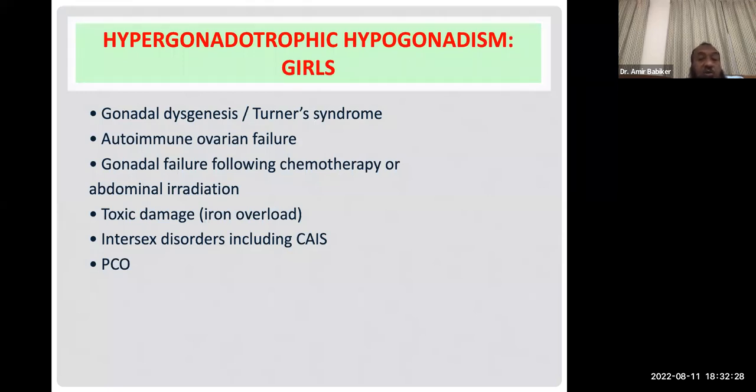Or a patient with polycystic ovary syndrome. All of these are causes of peripheral delayed puberty resulting in hypogonadism due to a peripheral cause, therefore failure of response, and there is extra effort from the pituitary to override this, so hypergonadotrophic hypogonadism.